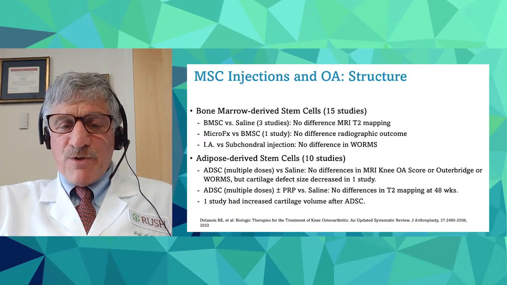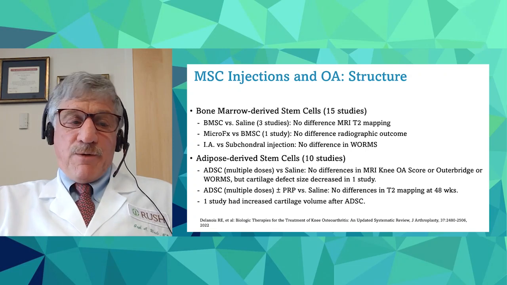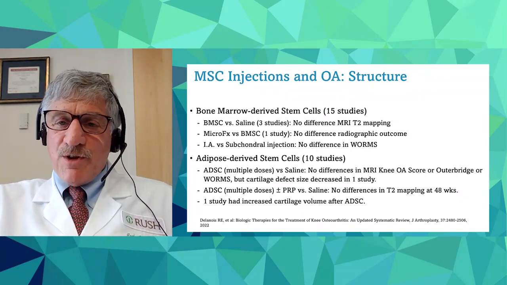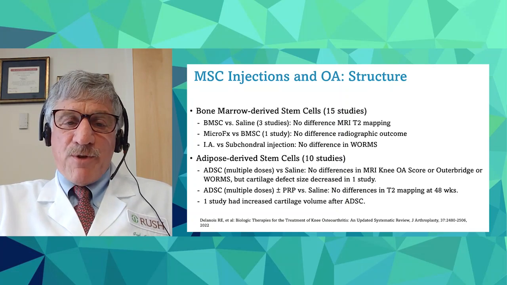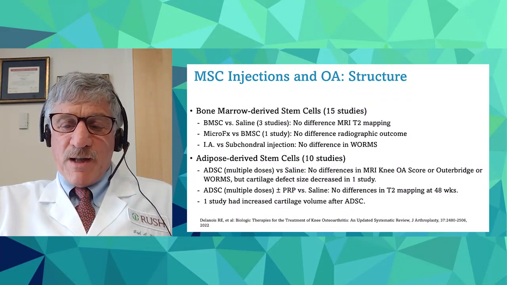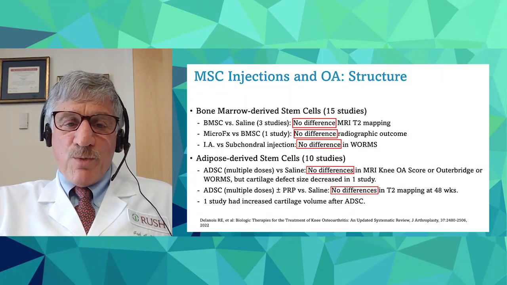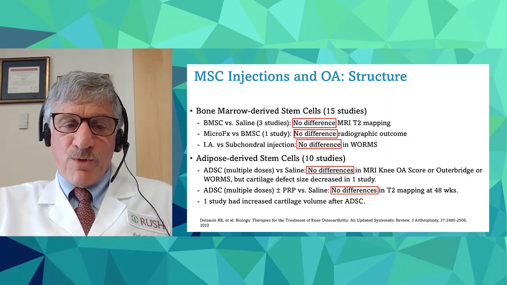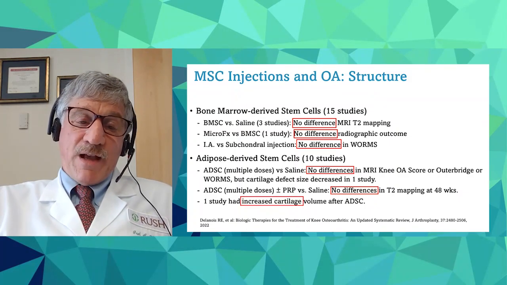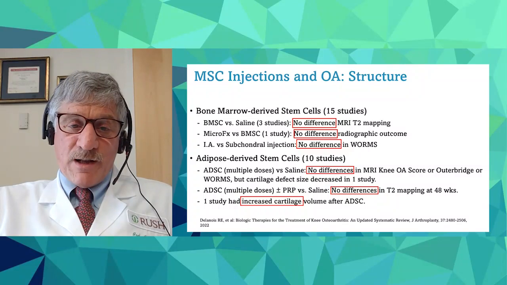Now, we are starting to accrue some real data. As I said, stem cells were originally used to preserve cartilage or grow new cartilage. What's been the benefit of them in humans? Well, there's a variety of studies, and to date, with one exception, every single one of those studies was null. Everyone was null with one exception, which said that they actually saw a little bit of increased cartilage volume.